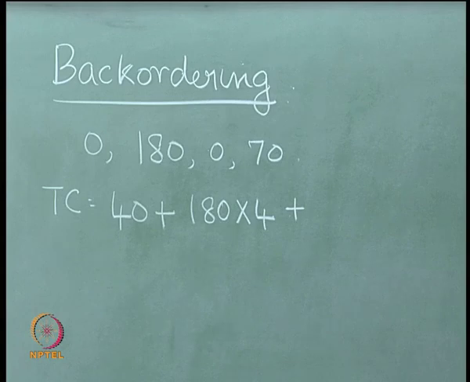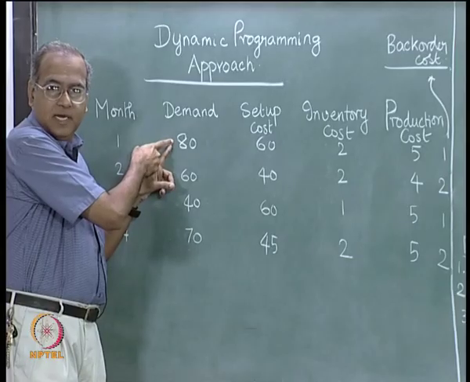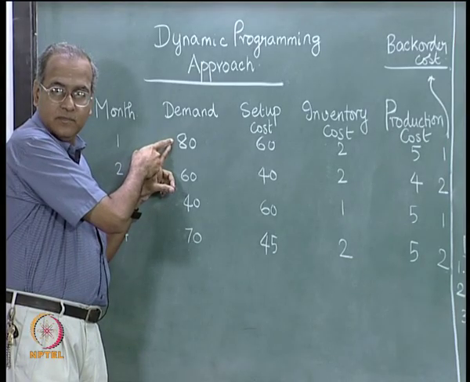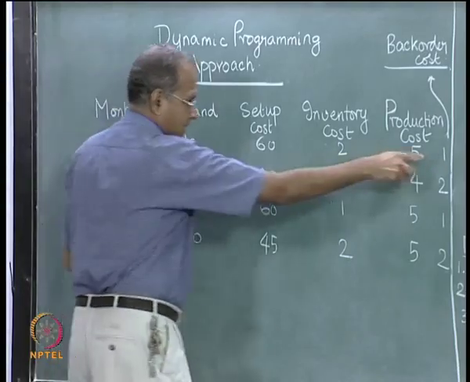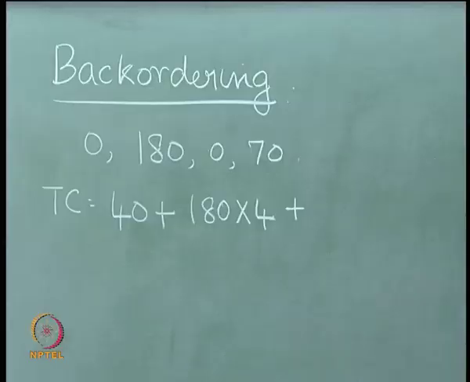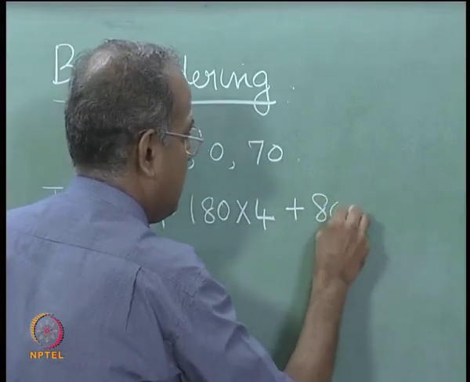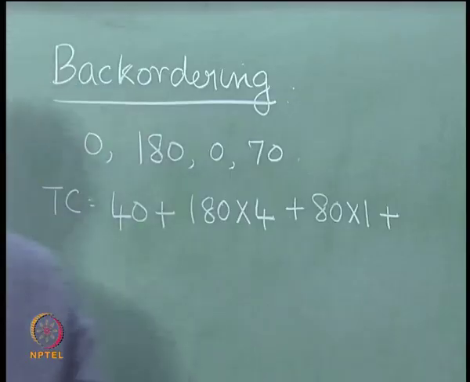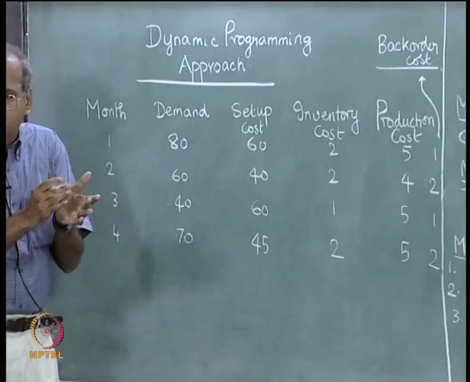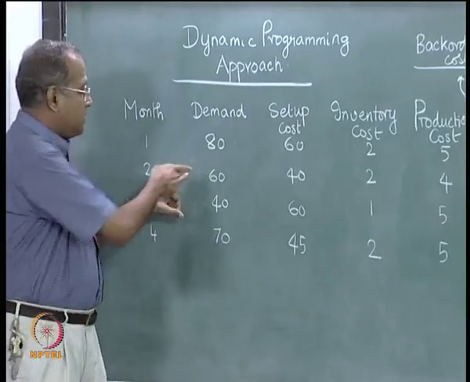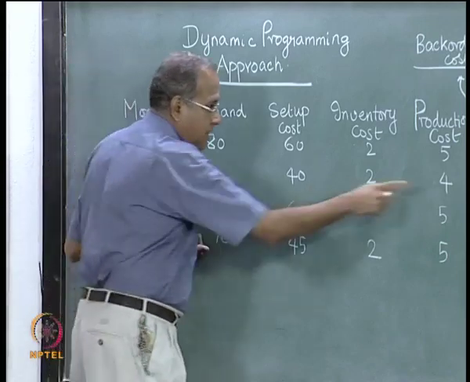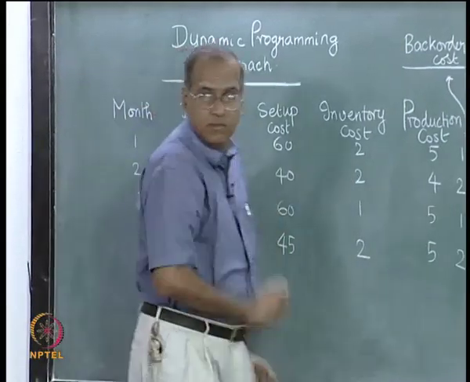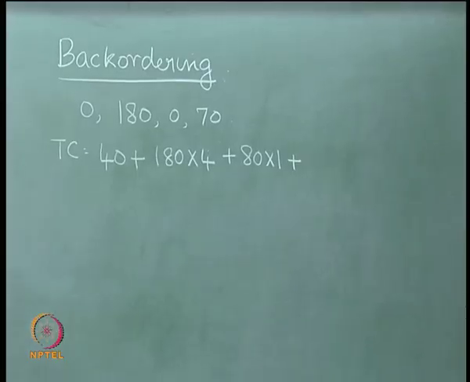Now, out of this production, this 80 I am actually back ordering, the first period 80 I am back ordering. So, let us say my back order cost is 80 into 1. This 60 I am meeting in the period itself, this 40 I am carrying to the next period. So, the inventory cost is 40 into 2.